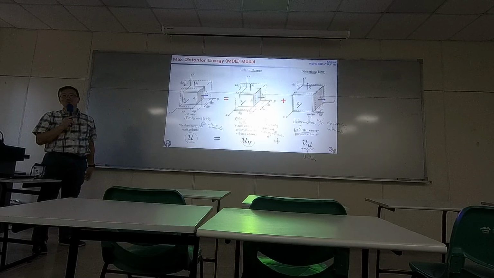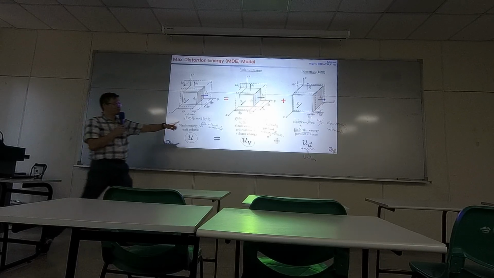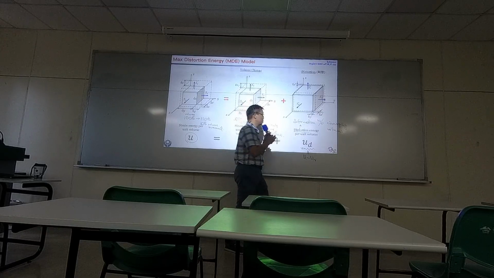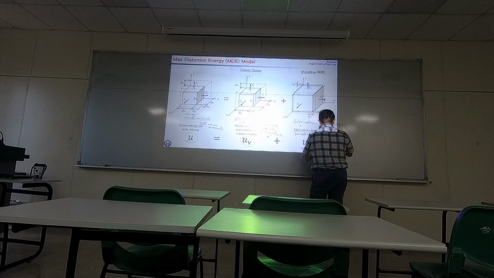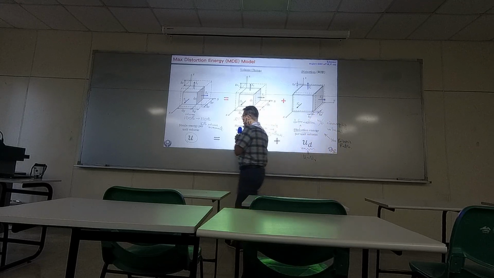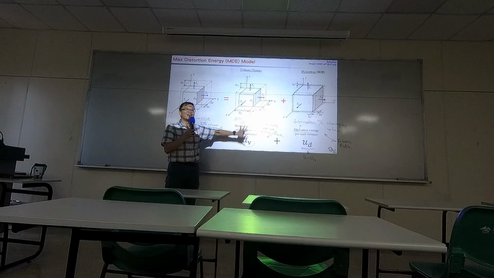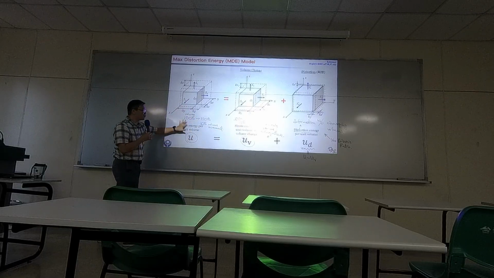Let me tell you the conclusion. Pure deformation without volume change has nothing to do with Poisson's ratio. So inside this part, no Poisson's ratio. What's interesting is that the Poisson's ratio part only exists in here, also in strain energy.